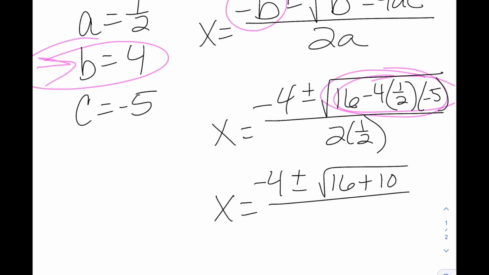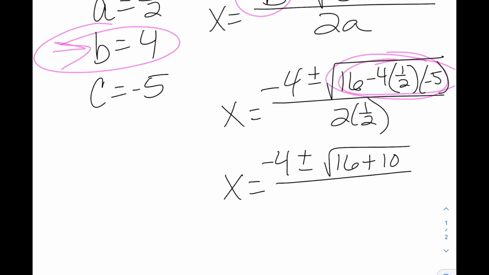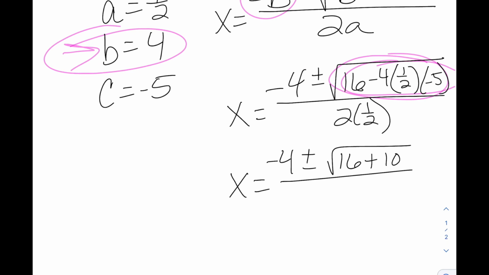If this discriminant equals a negative number, then you know there are no solutions because you can't have a square root of a negative number and get a real answer. So if the discriminant, b squared minus 4ac, is negative, you stop and write no solutions. If it's positive, like it is in this case, we're going to have 2 answers. This parabola will touch the x-axis at 2 places.